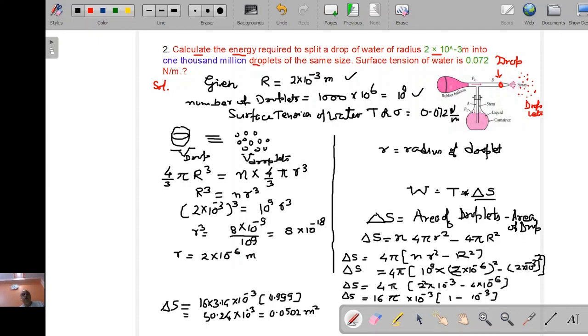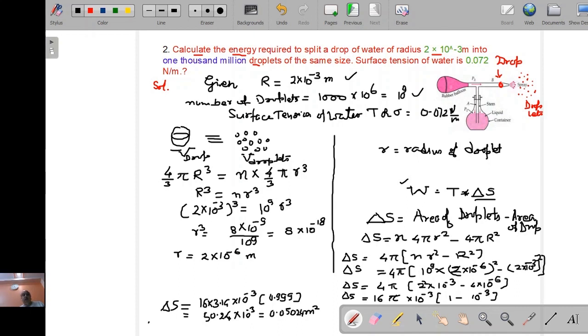You may write also 0.0502 meter square. Now we have to find out the energy.